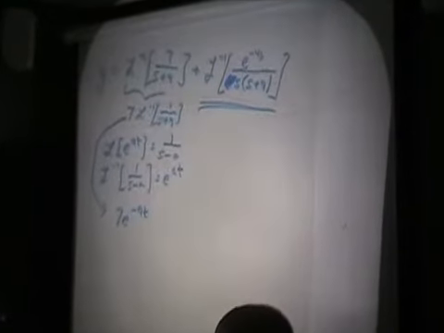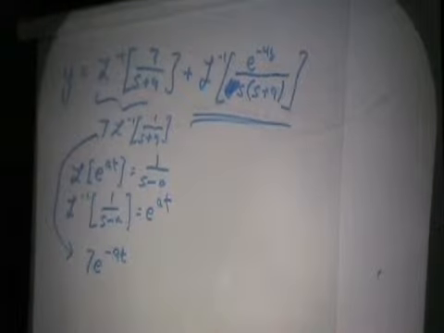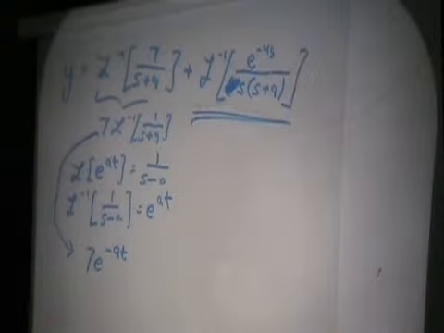But what about this thing? Well, if the e to the negative 4s weren't up there, it wouldn't be so bad. We'd use partial fractions if it were just a constant on top. I'm going to go ahead and use partial fractions anyway.